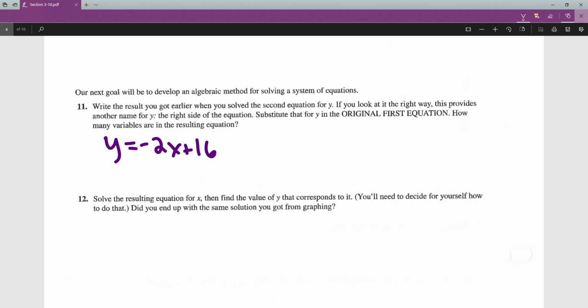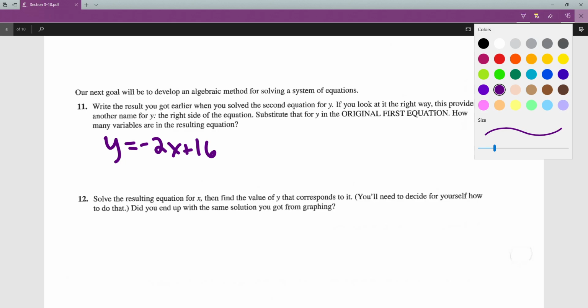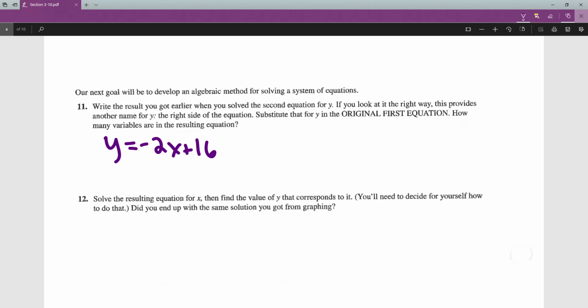Now they say go back to our original first equation, which was my red one: 3x plus 6y equals 42.